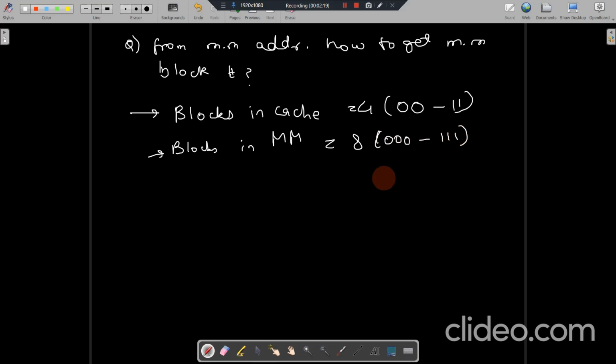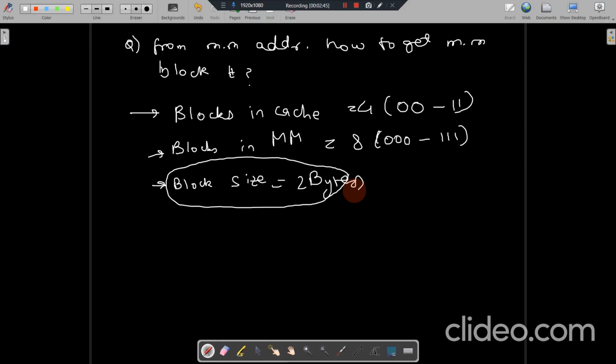Okay, and block size is equal to 2 bytes. One thing to note is the block size in cache and the block size in main memory are the same. Okay, so from this, what can we conclude?